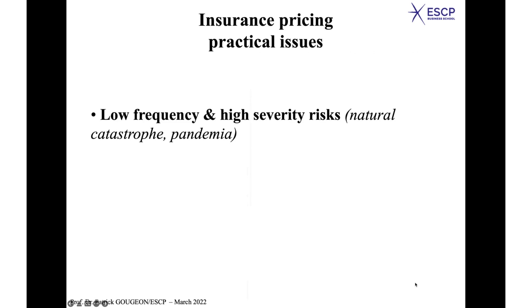If you take natural catastrophe, for instance, you have now some institutes who are specialized in evaluating the probabilities of earthquake, of storms, and all that. But all that is not quite reliable because even in the case of natural catastrophe, can you consider that historical data are reliable?